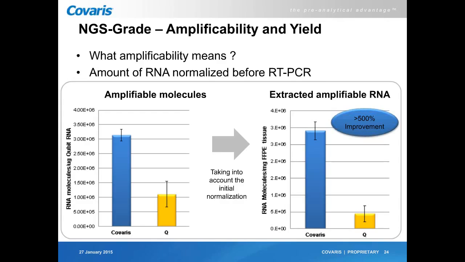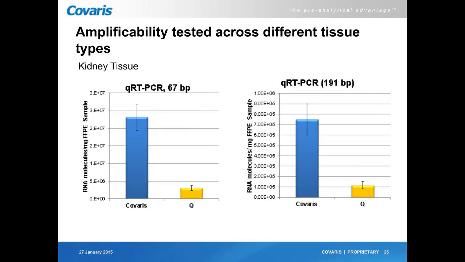But if you take into account the initial normalization, and so the initial Qubit or fluorometric dye yield, you can see that overall, when you normalize by the input of FFPE tissue, you're getting almost 500% improvement with Covaris compared to QIAGEN. That's a very large difference that you can see over different tissue types.